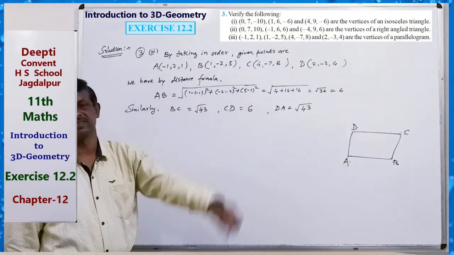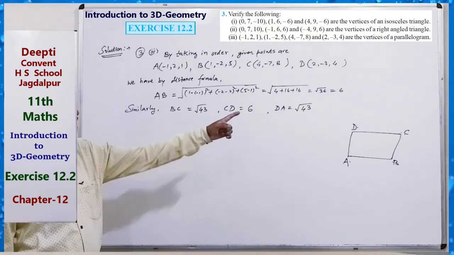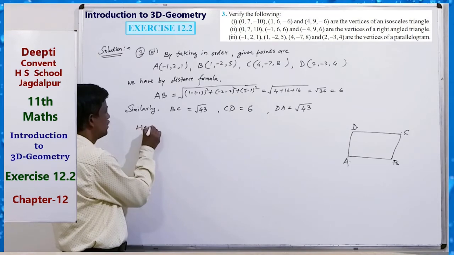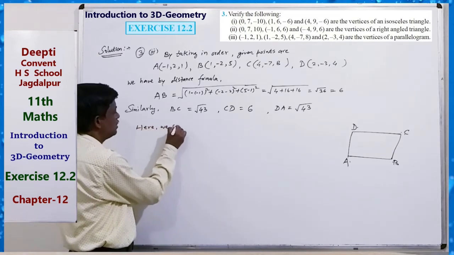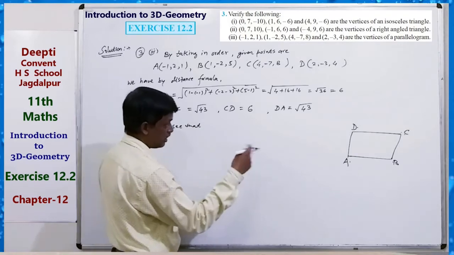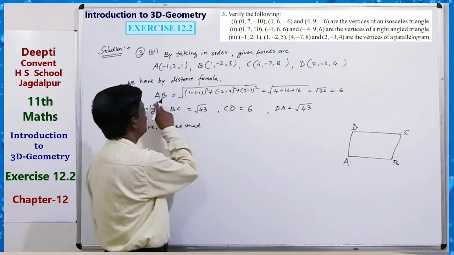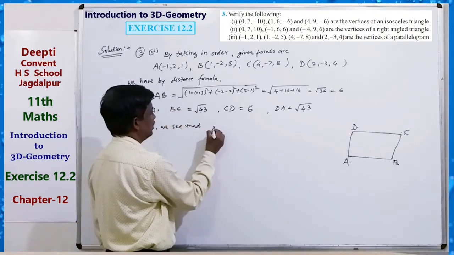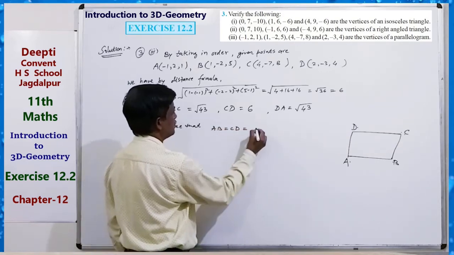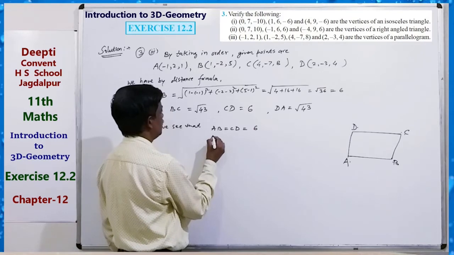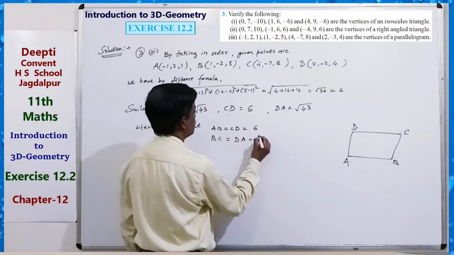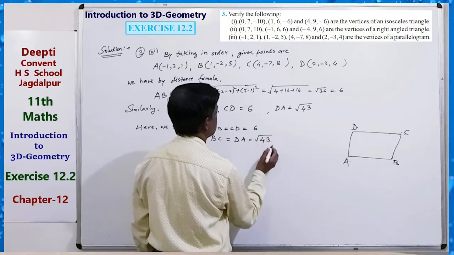Just use the distance formula and you can find all the values. So here we see that in order, AB equals CD equals 6 and BC equals DA equals root 43.